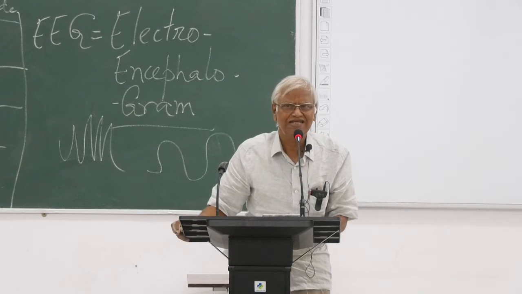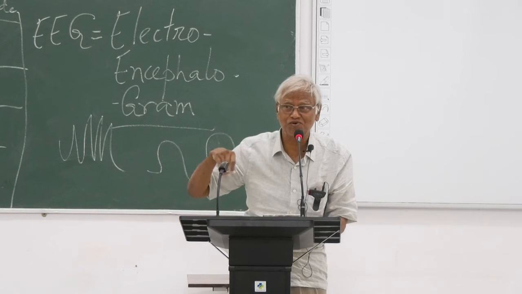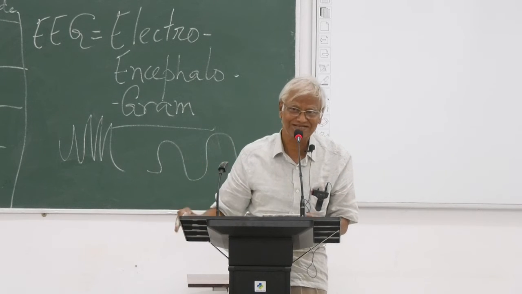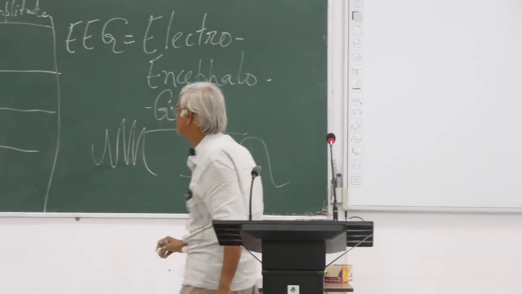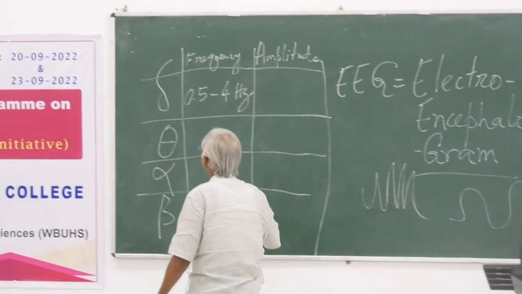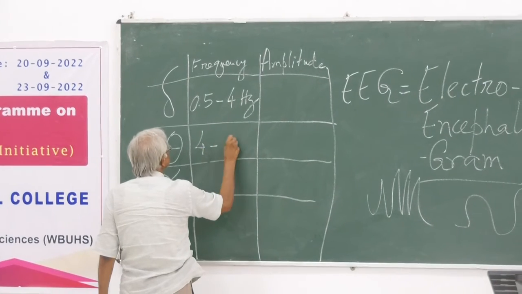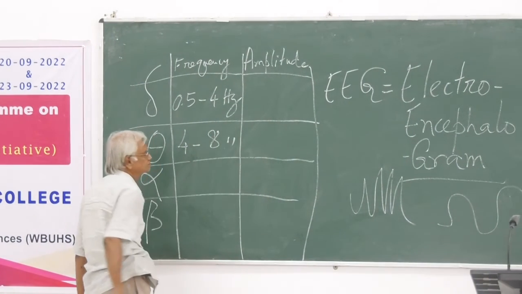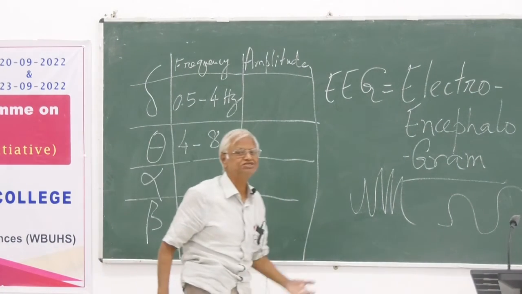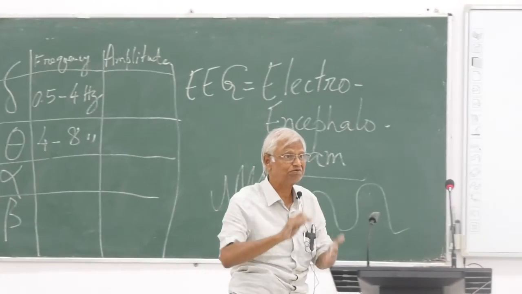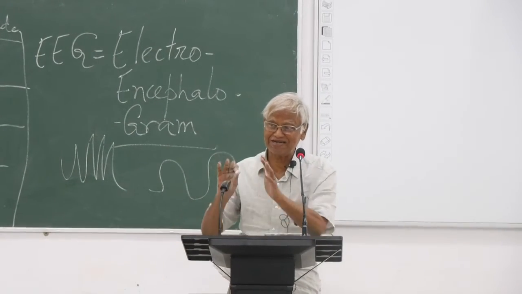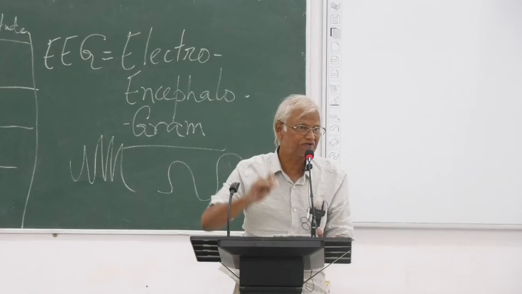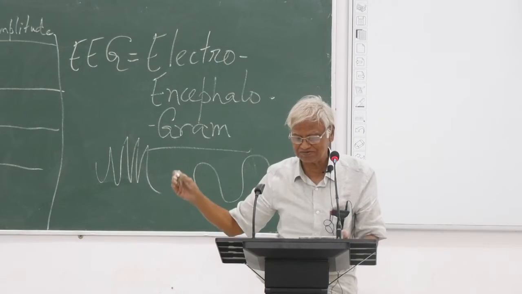A little less slow, a little more hertz, 4 to 8 hertz, it is theta. That is why I don't say alpha, beta; I say delta, theta, alpha, beta. Remember like this, from lower frequency to higher frequency.